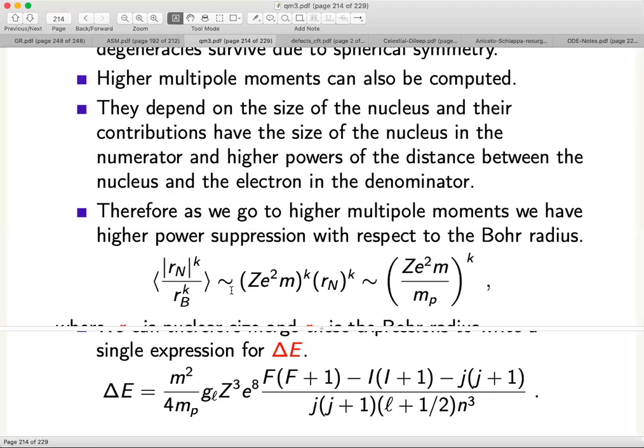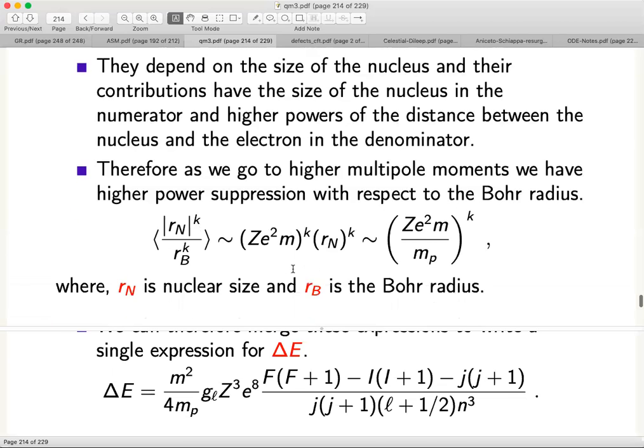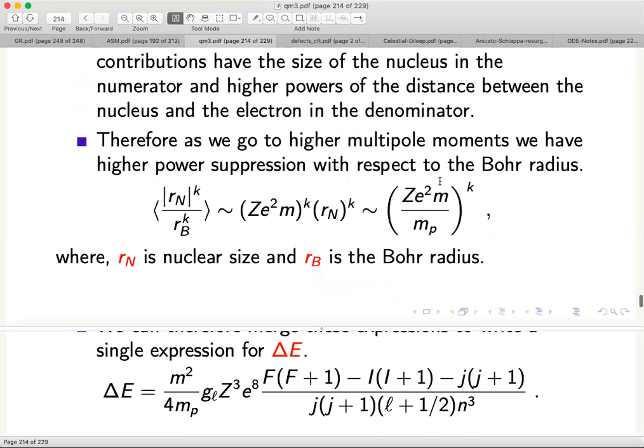On the other hand, the nuclear size is roughly related to the proton mass, inversely proportional to the nuclear mass really. Therefore, this quantity would look like Z squared times m upon the proton mass, and that's why these factors go as m upon m_p to the k.